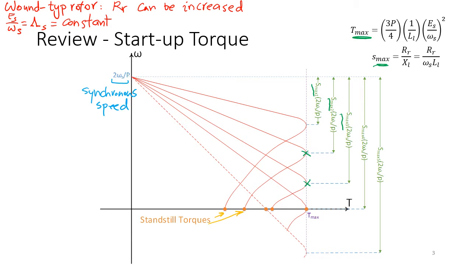It is increasing. In fact, we can increase the S max to the point of S max 4, until Tmax, the maximum torque, happens at standstill, shown here.